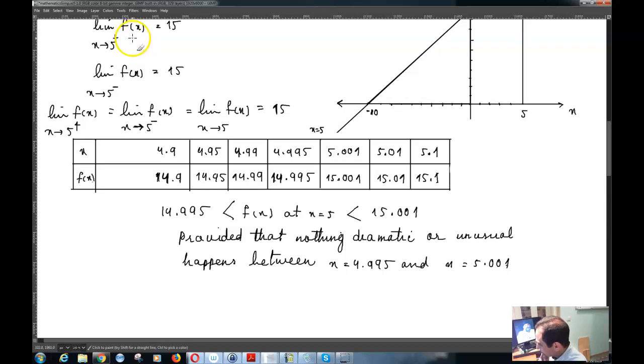And so we can say that it is likely, you need to pay attention to the words that I'm using, it is likely that the left-hand limit of f of x, which is this limit, and the right-hand limit of f of x, which is this limit, are both equal to 15. It is likely. And these are all in all likelihood and assumption and things like that.